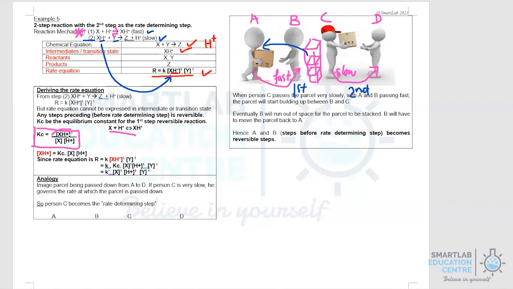Making XH+ the subject from here, we can now substitute this expression into here. From this, we can derive the rate equation, which is expressed in terms of the concentration of X, the concentration of H+, and Y, each to the power of 1. And this is the final rate equation, which informs us that the reaction rate of the reaction that we studied is dependent on the concentration of X, the concentration of Y, as well as the concentration of the catalyst H+.